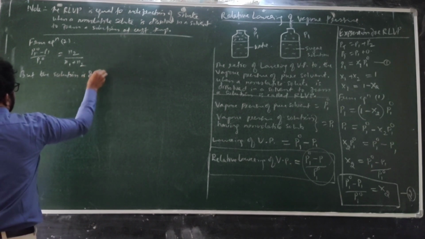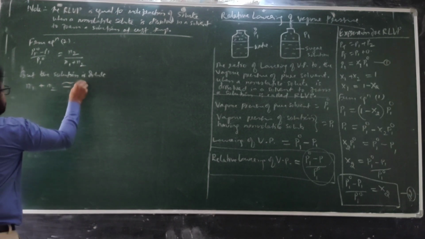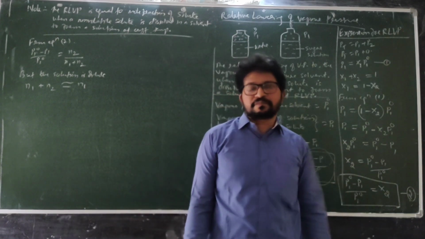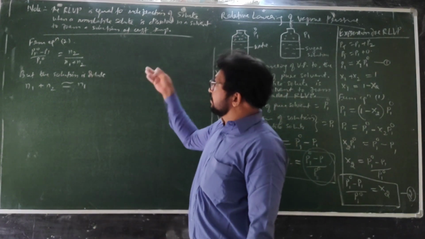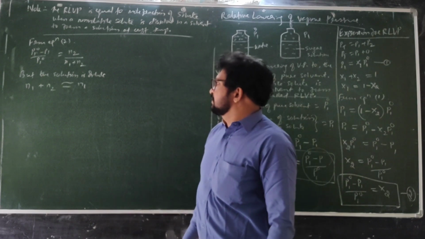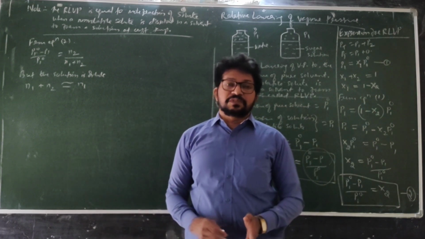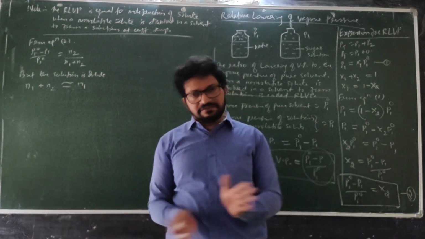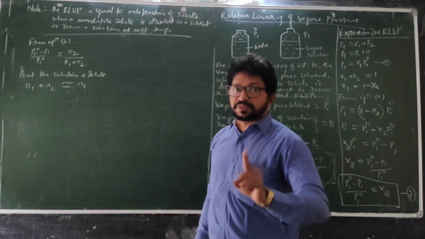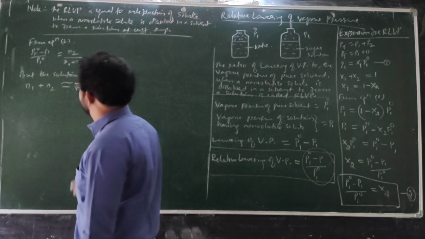What do you mean by dilute solution? n1 plus n2 is approximately n1. Solute is very, very less. This is applicable to dilute solution, so you can go for a correction where you can leave the solute concentration in comparison with the solvent. Addition and subtraction only, remember. In other cases, smaller quantities cannot be ignored.